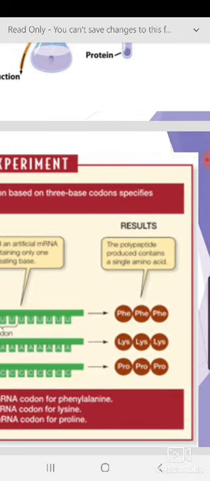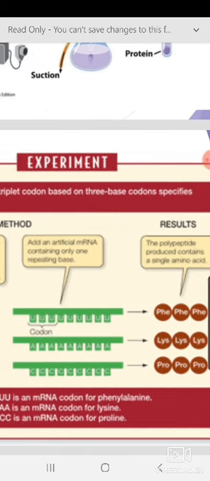If it is UUU, then a peptide bond will be formed using the amino acid phenylalanine. Like that, they immediately synthesized poly-A homopolymer, then C homopolymer, then G homopolymer.